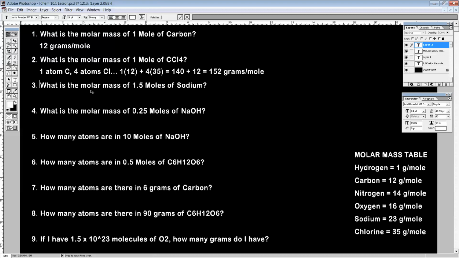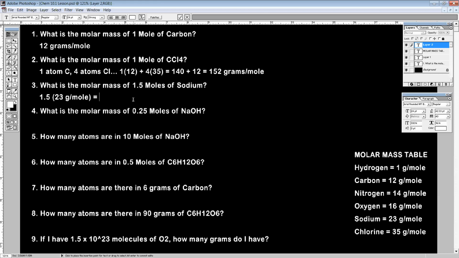All right, our next question is, what's the molar mass of 1.5 moles of sodium? Going over to the chart here, we see that sodium is 23 grams per mole. So the math for that is 1.5 times 23 grams per mole.